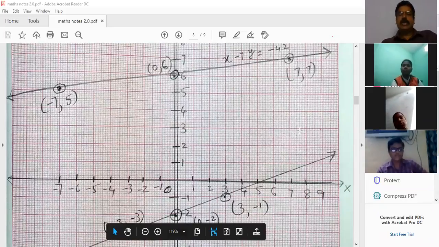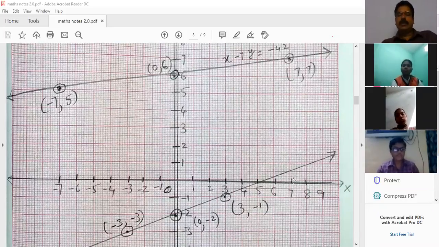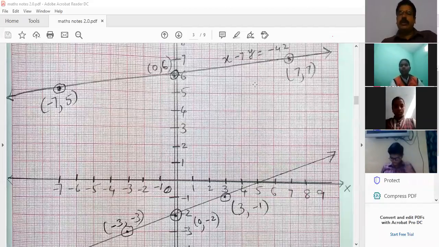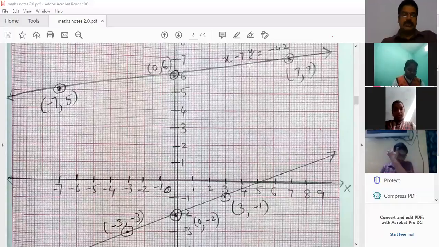And my third point is 7, 7. So I got a straight line for x minus 7y equal to minus 42. No need to draw now. You have to draw at home. Just see.